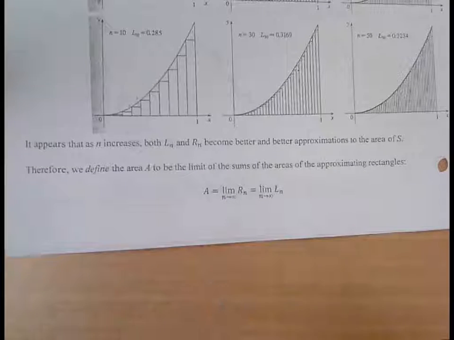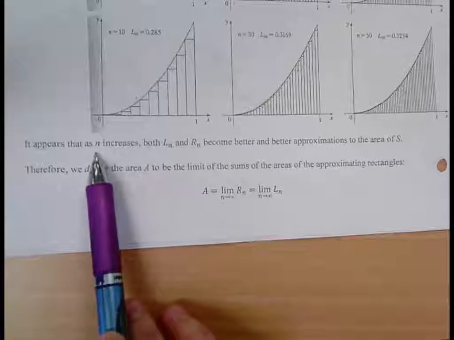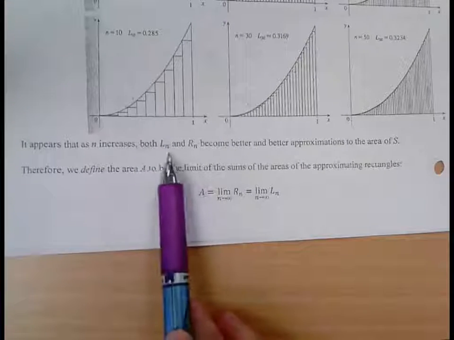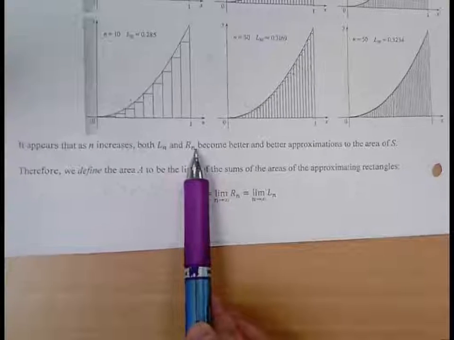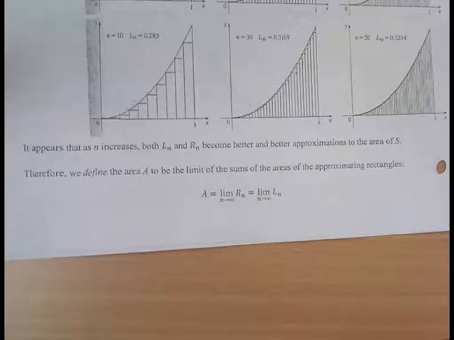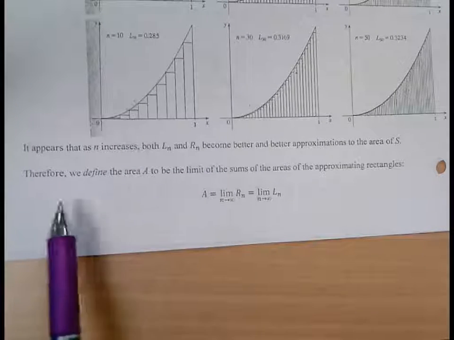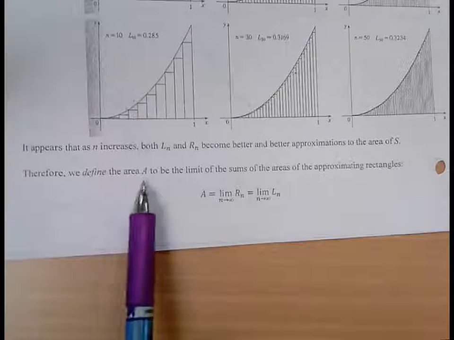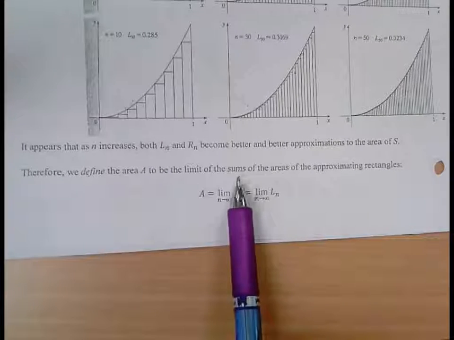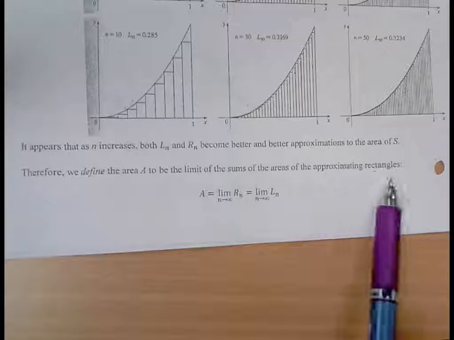The idea here, though, is going back to that idea of a limit. As you increase n, the number of rectangles, both the left and the right endpoint approximations become better and better approximations of the actual area. So therefore we define the area A to be the limit of the sums of the areas of the approximating rectangles.